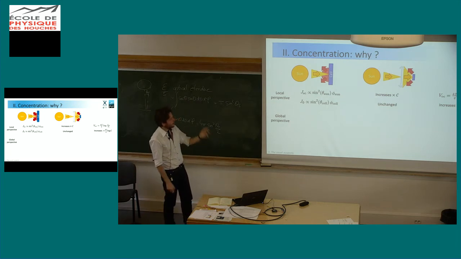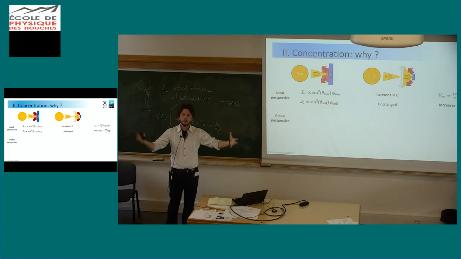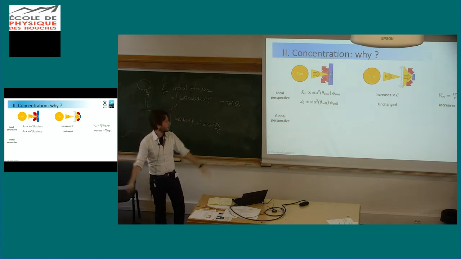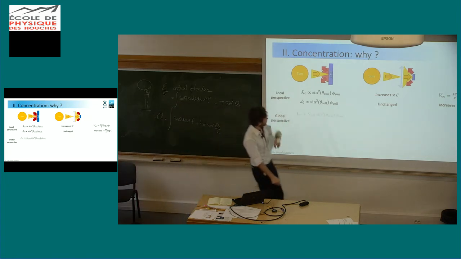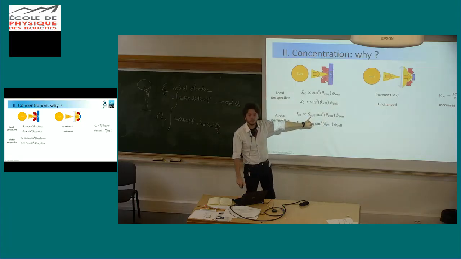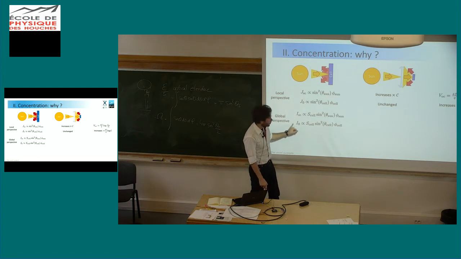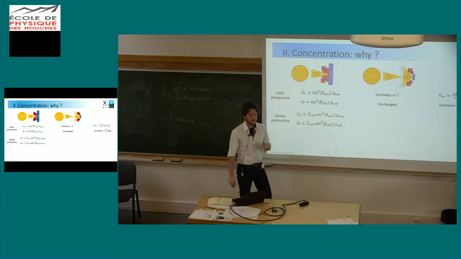Now I can consider not just the local current density, but the global current produced by the cell. If I'm here, so the global current would be the current density times the surface of the cell, right? This, again, is not breaking news. The global dark current is the local dark current density times the surface of the cell.